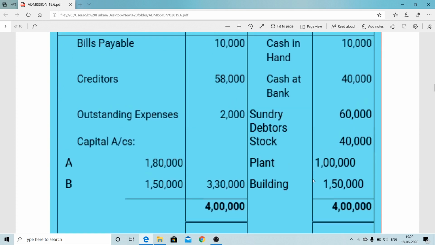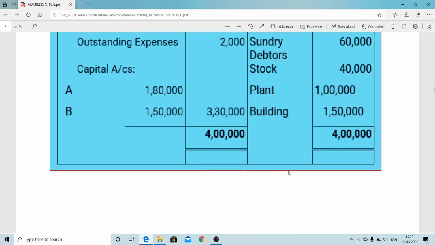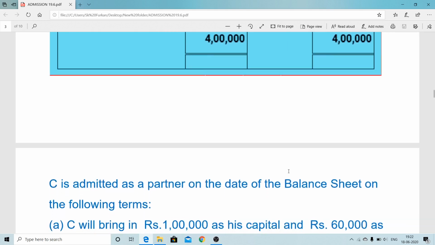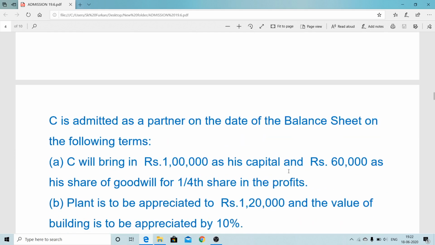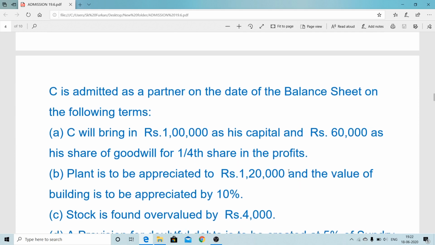So if we compare, it is increased by 20,000. We have to find the difference when revalued to or revalued at is provided. And if it is provided revalued by, at that time the net amount of increase or decrease is given. So here in this case it is revalued to, appreciated to 1,20,000. So the present value is 1,20,000, that is called the agreed value, and the book value is 1 lakh, so 20,000 increase.